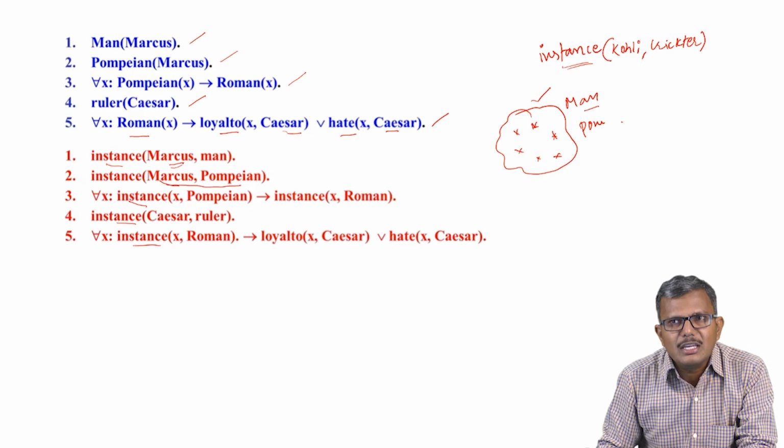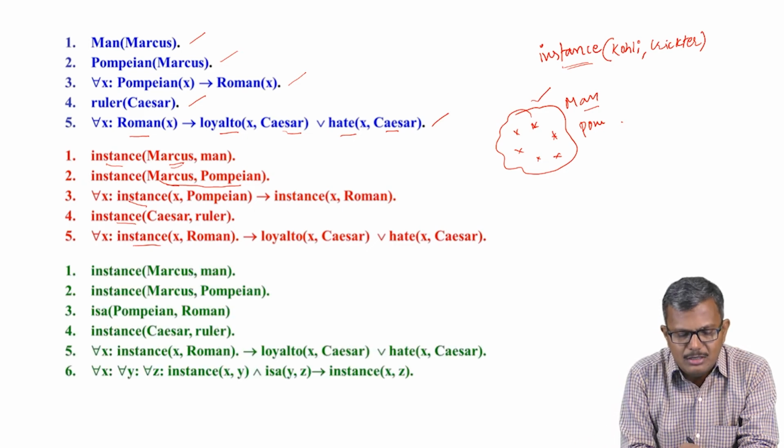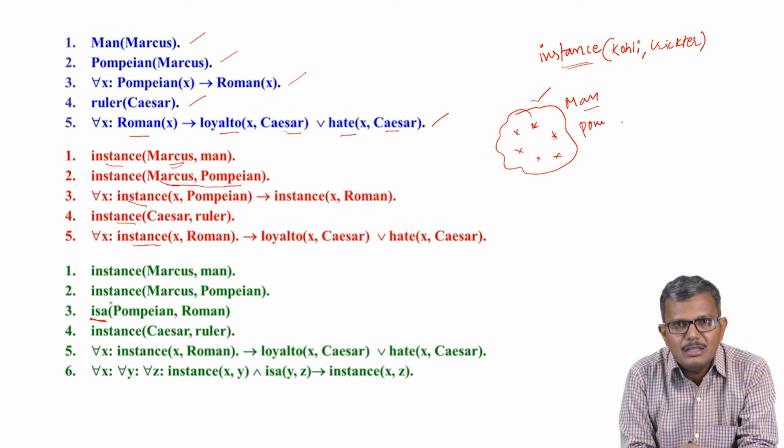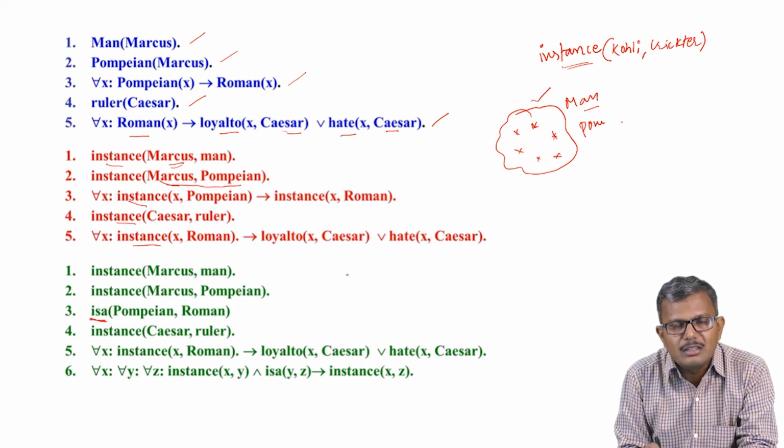What about is a? Is a is also the same kind of thing. So what is the meaning of this is a here? Pompeian is a Roman. In the earlier case, Kohli is a cricketer. When Kohli is a cricketer, we write is a as a predicate, the first parameter is Kohli and the second parameter is cricketer.